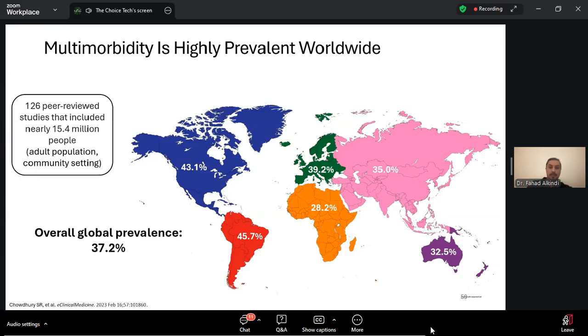And if you look at the map here, you can see the highest prevalence is in South America, around 45%. But even in our region, the prevalence of multi-morbidity is very alarming based on this study.